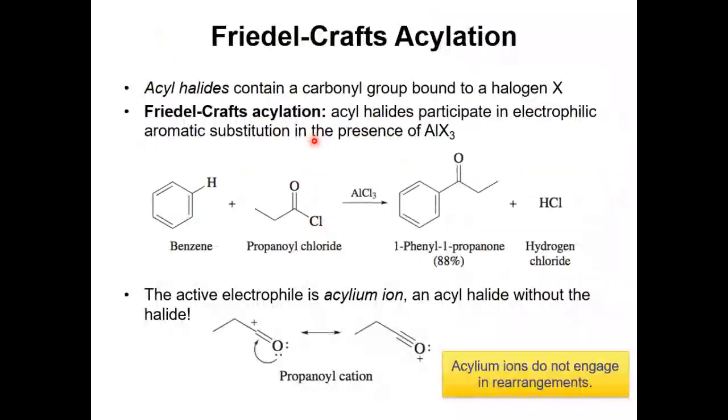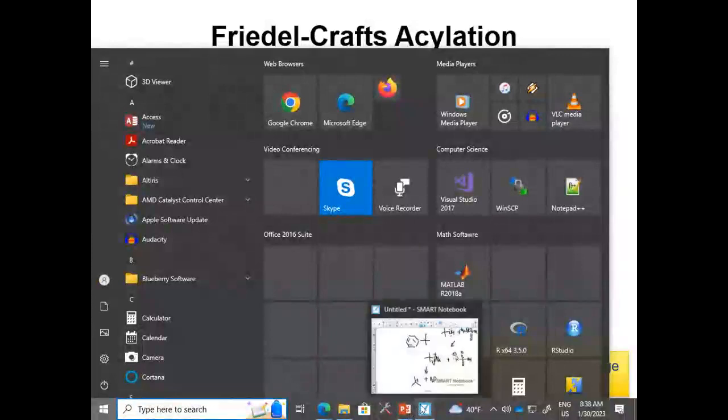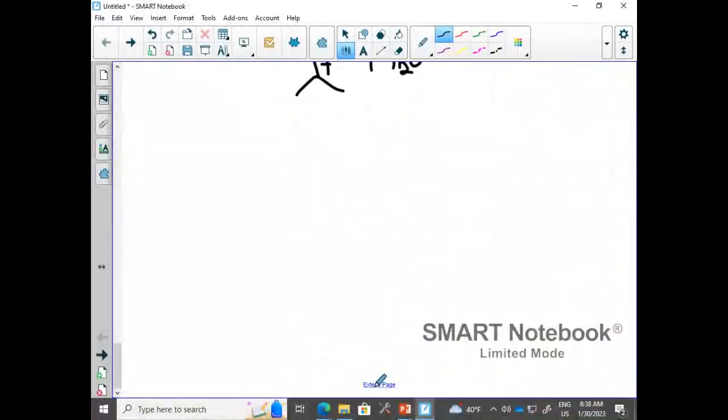In acyl chloride, this carbon is highly electrophilic. It is actually even more electrophilic than in an alkyl halide. If you compare this compound with this compound, in both the carbon connected to the chlorine is the electrophilic carbon, but this carbon is substantially more electrophilic than that carbon.